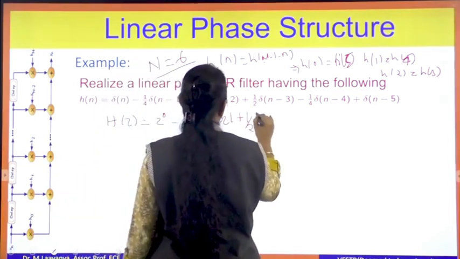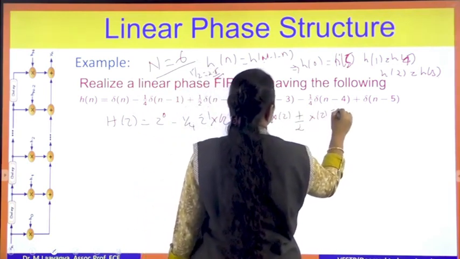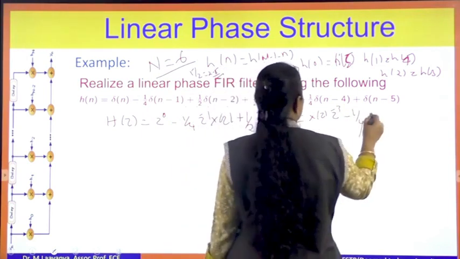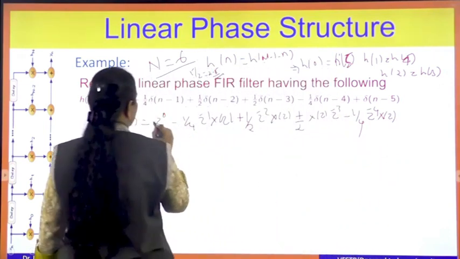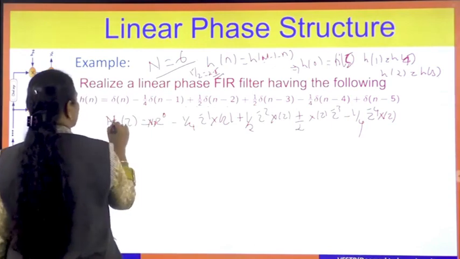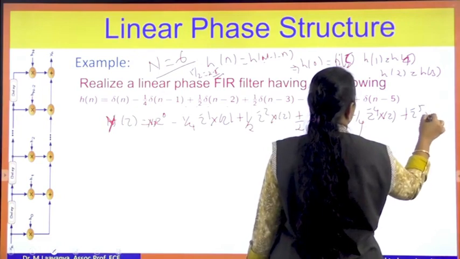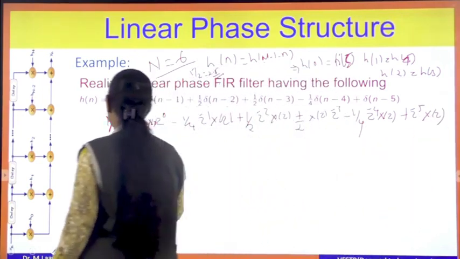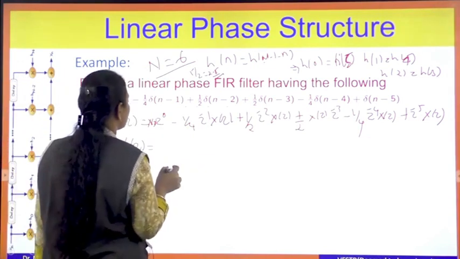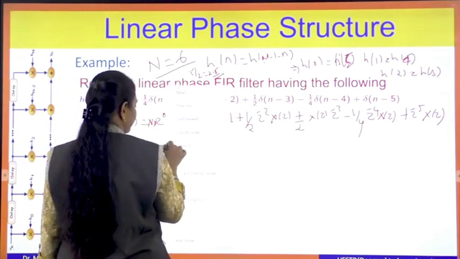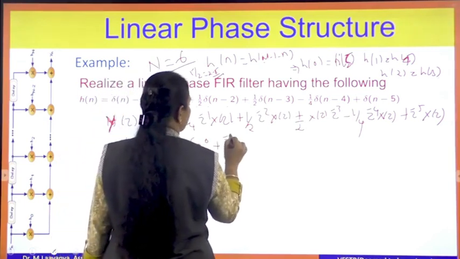h of z is h of 0, plus 1 by 2 z power minus 1, plus 1 by 2 z power minus 3, minus 1 by 4 z power minus 4, plus z power minus 5. I will write x of z everywhere so that this will be y of z. So y of z is equal to, the 0th value and 5th value are equal, x of z times z power 0 plus z power minus 5.